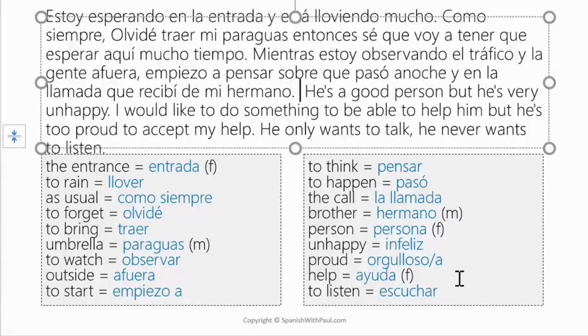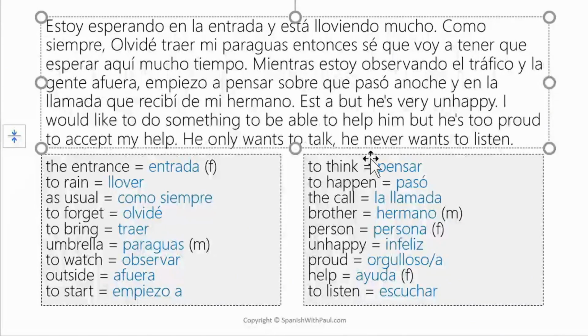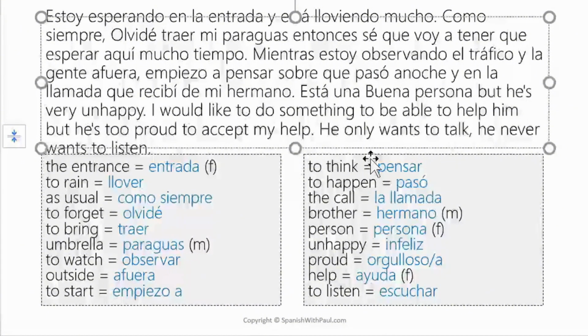Now we change to a different structural question because we have he is a good person. So are we going to say es una buena persona or está una buena persona? Let's do both. So first of all, está una buena persona.